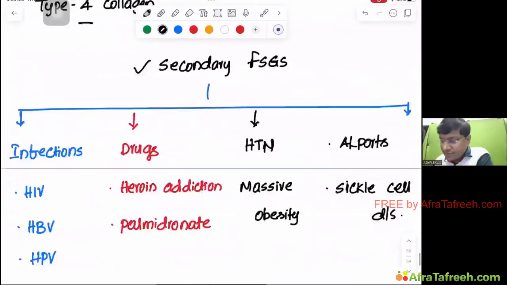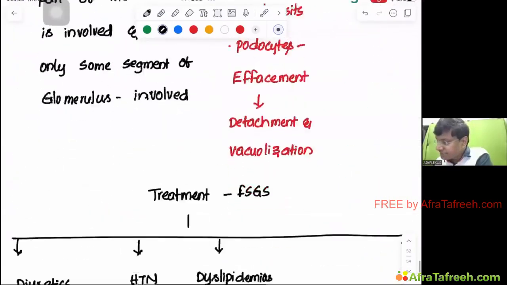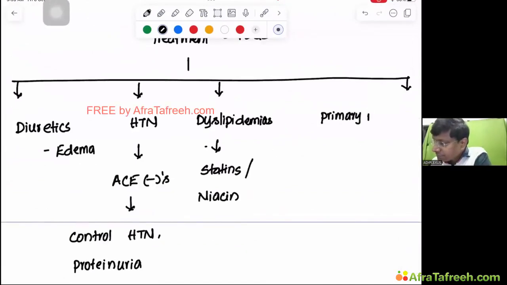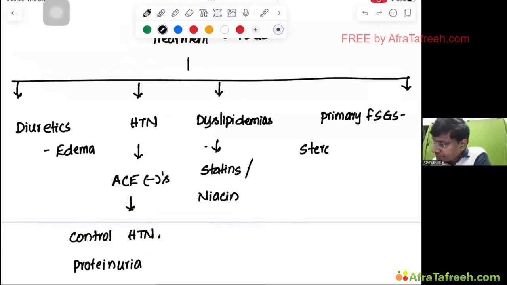They are the ones causing the immune hyperreactivity. So if you see the treatment of primary FSGS, the drugs that you should be giving are steroids.